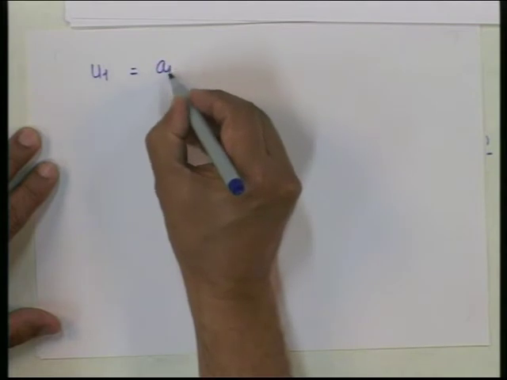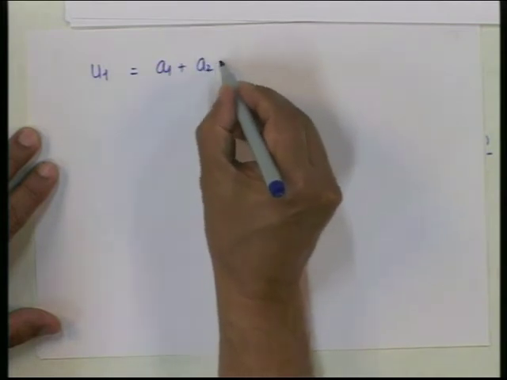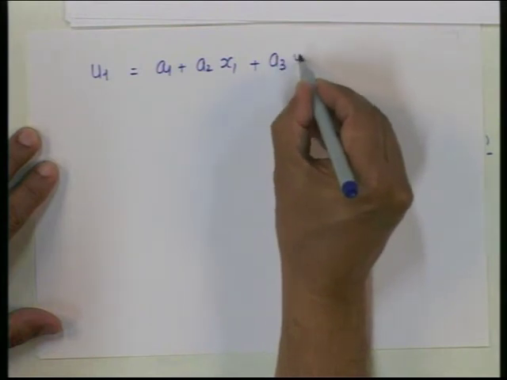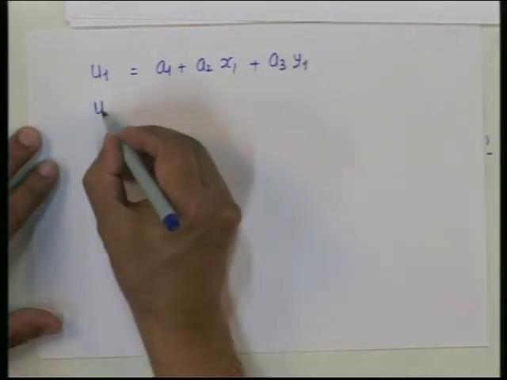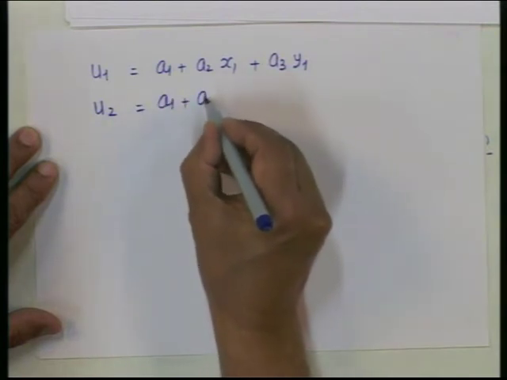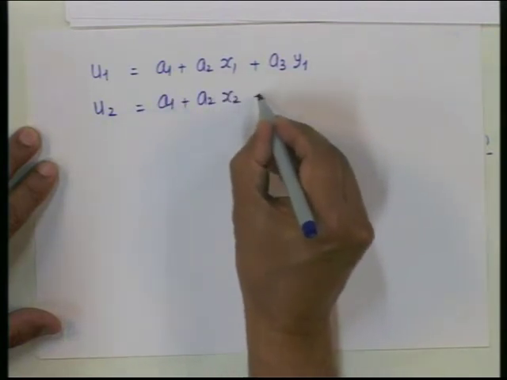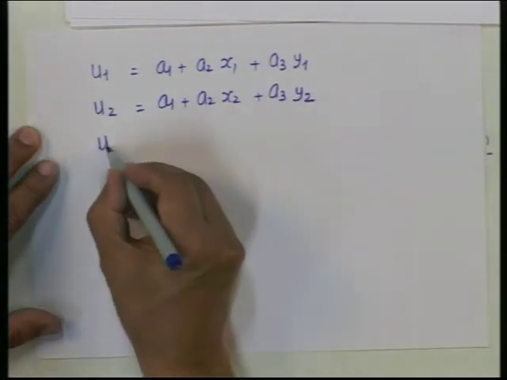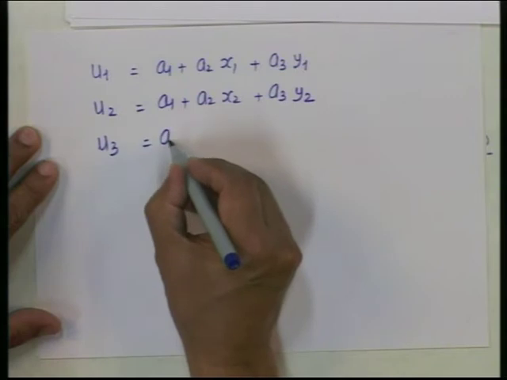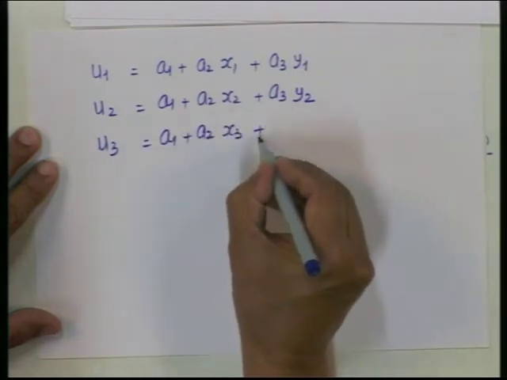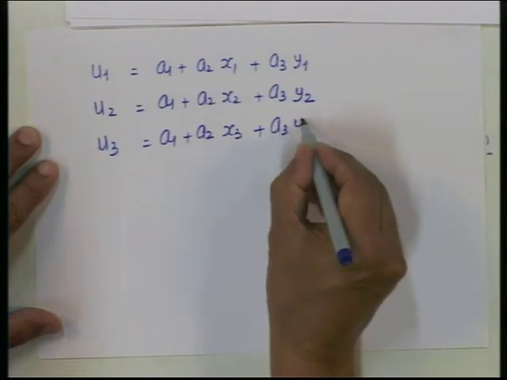U1 is a1 plus a2 x1 plus a3 y1, U2 equals a1 plus a2 x2 plus a3 y2, and U3 equals a1 plus a2 x3 plus a3 y3.